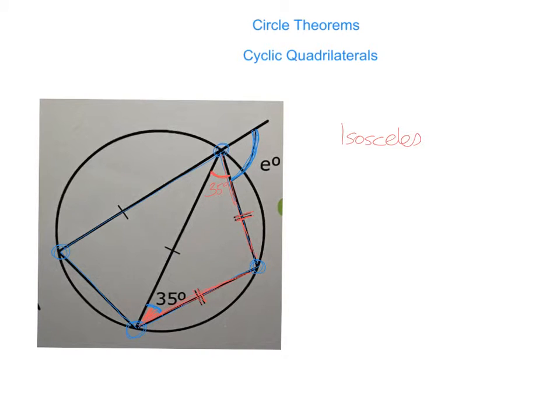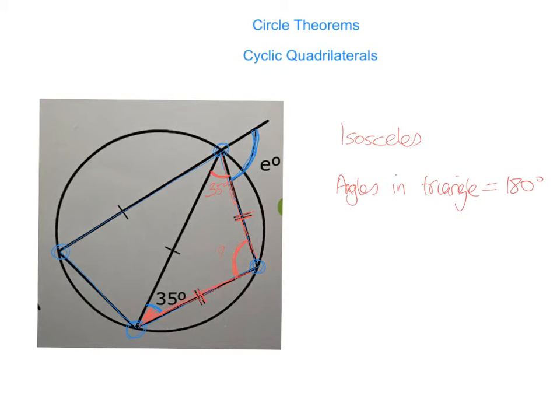We also know that the angles in a triangle add up to 180 degrees. So now we can work out what this angle is. We know these two are 35 and 35, so if we take these two angles away from 180, we'll find out what this angle is.